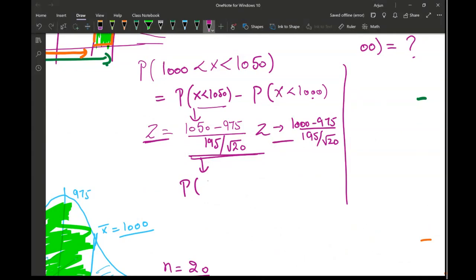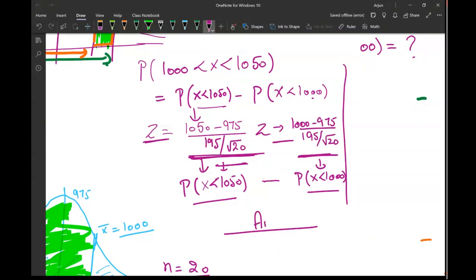So this is the probability of x less than 1050 minus the probability of x less than 1000. That's what you're going to do. Corresponding to the z-scores, first find the probabilities, whatever z-score you get here, and then subtract those probabilities. That's going to give you the answer.